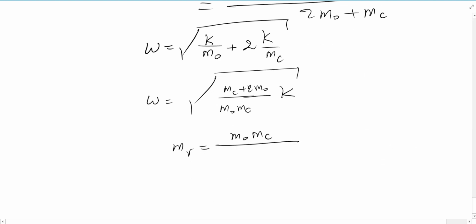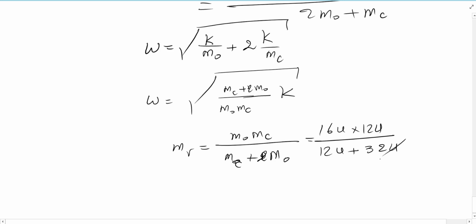So the reduced mass in this case is just this number, MO times MC divided by MC plus 2MO. So let's plug in the numbers in here. So we have 16U times 12U divided by 12U plus 32U. Cancel one of the U's, and it will be left with the reduced mass as 12 times 16 times the U divided by 44.